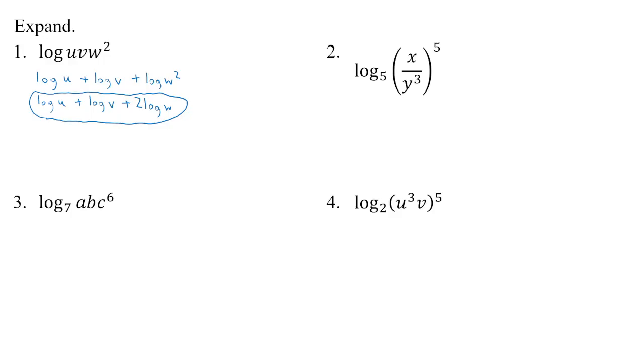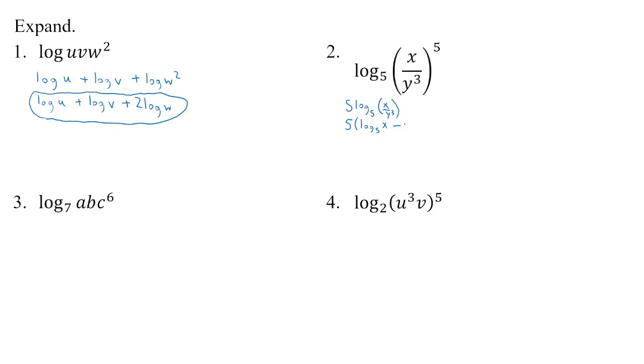All right, next, to change that 5 into a coefficient, we're going to apply the third property. Bring the 5 up front. Then we have a quotient. We're going to write this as a difference of logs.